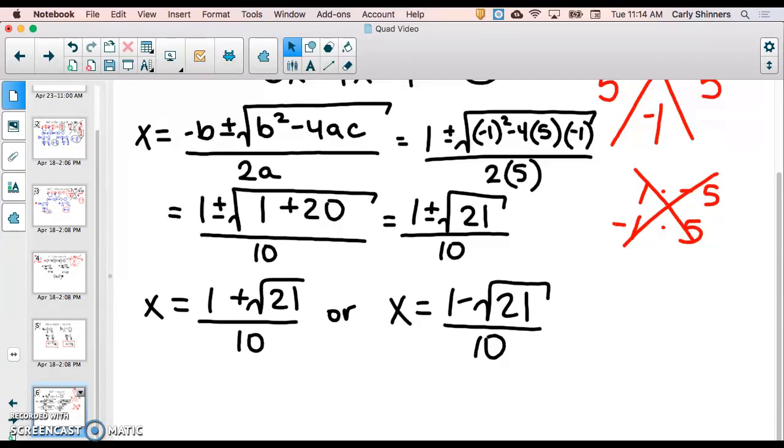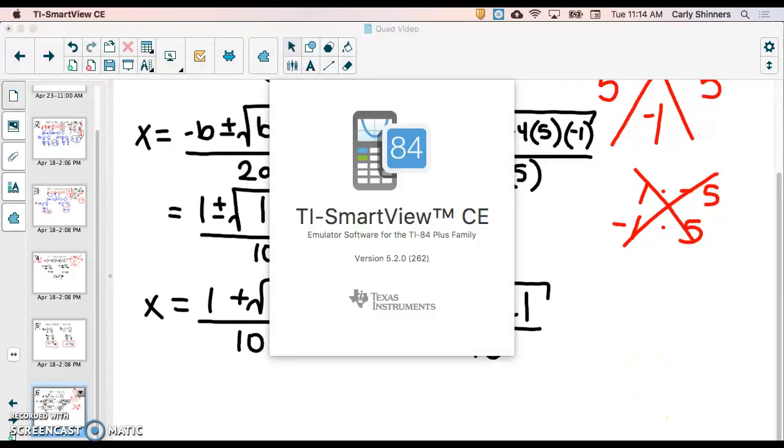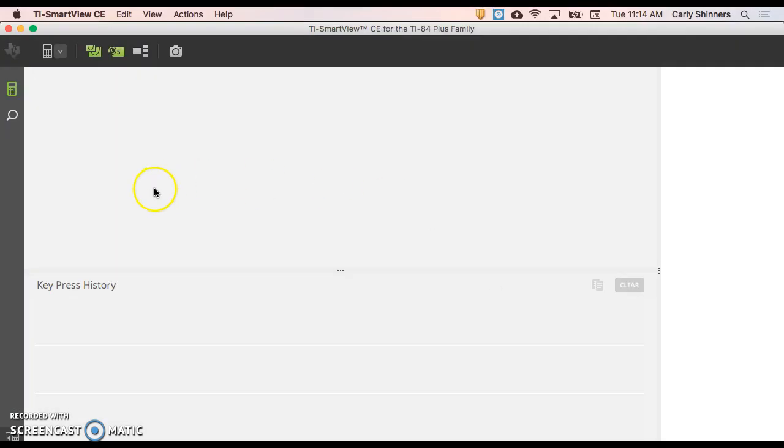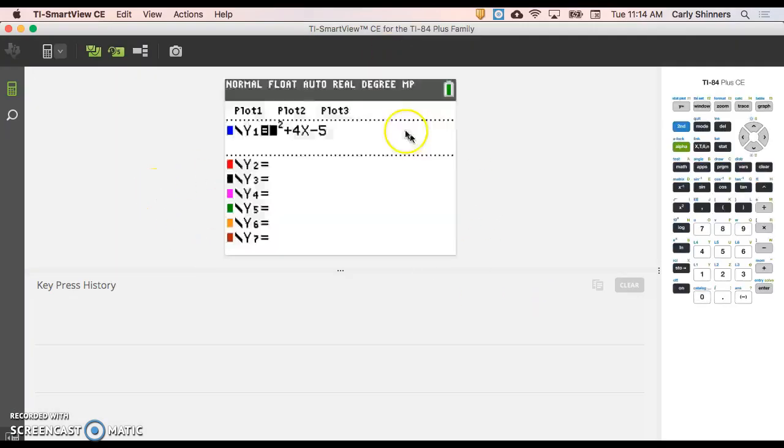Let's see if I can pull up mine and show you how to do that. It's going to take a moment to load up here. So get out your calculator and try to put those in.